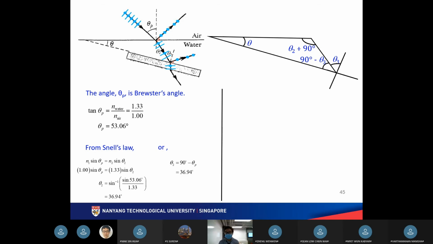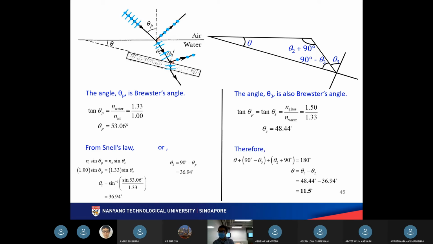Very good. It should be n glass over n water, because it is the refractive index of the transmission side divided by the refractive index of the incident side. Now I am incident from water to glass, so it should be n glass divided by n water. I get theta 3 is about 48.4 degrees.